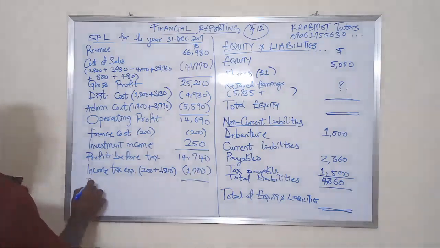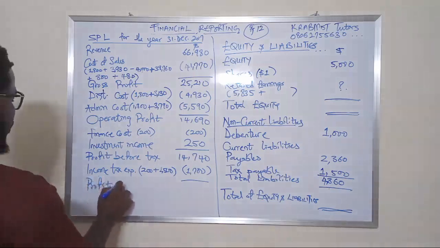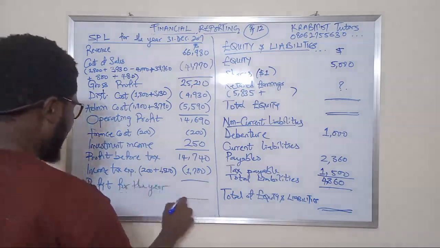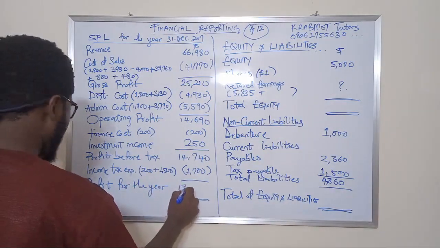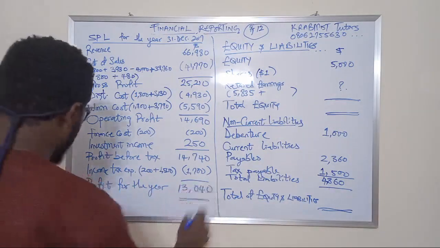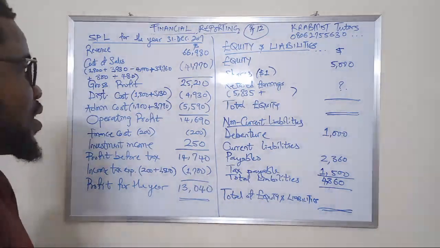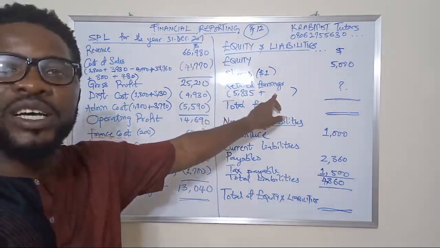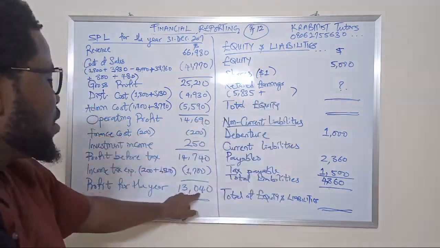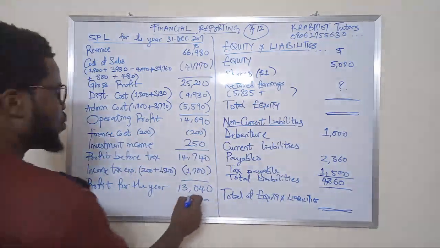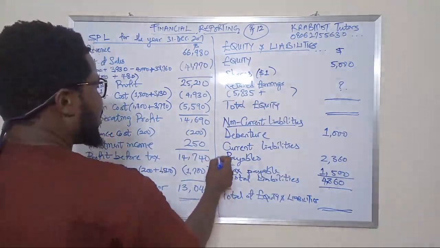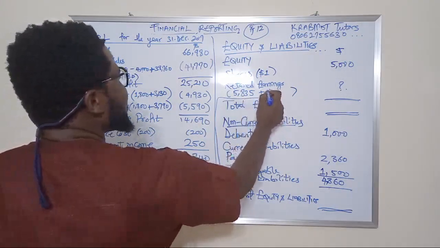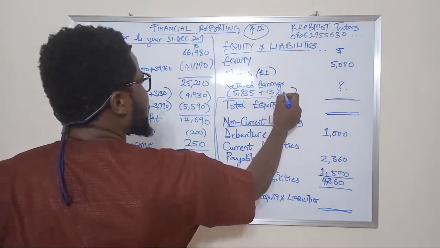So the profit for the year is 13,040. This 13,040 is what is supposed to go in here. 13,040 will find its way into this place. 13,040.